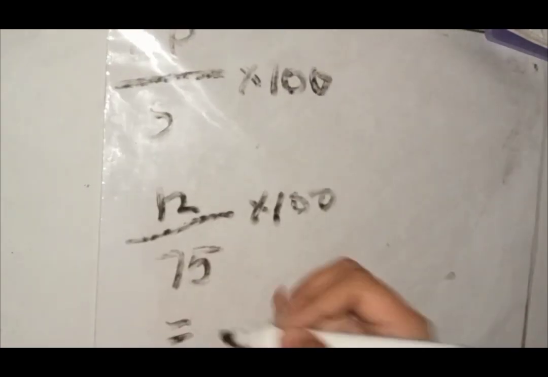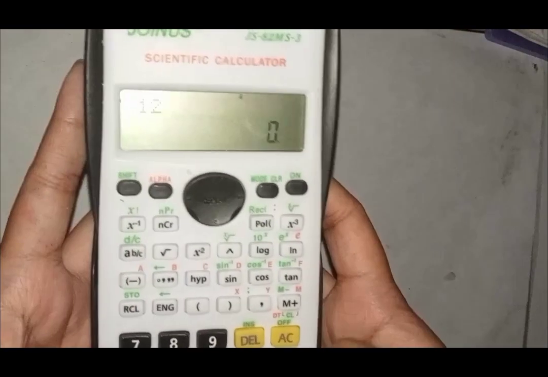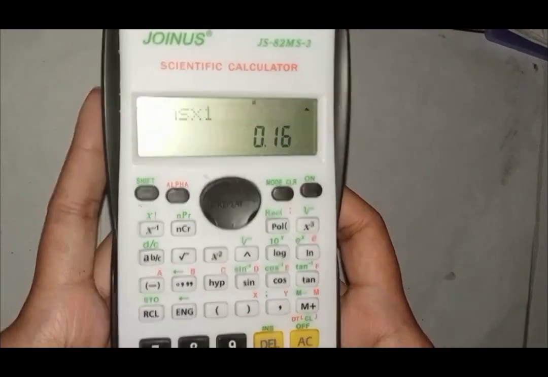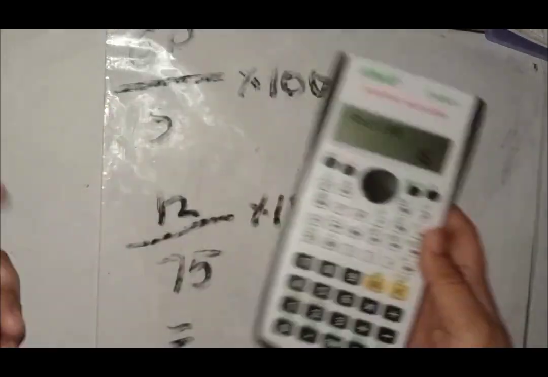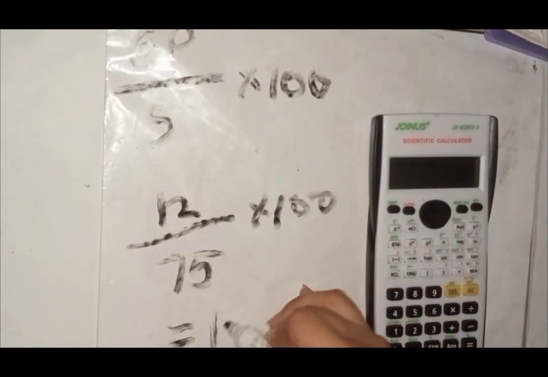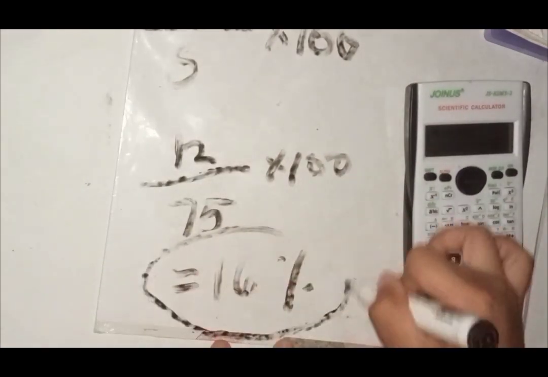Okay? Ang total niya is 12 over 75 times 100, 16. So, 16 ang ating gross profit margin.